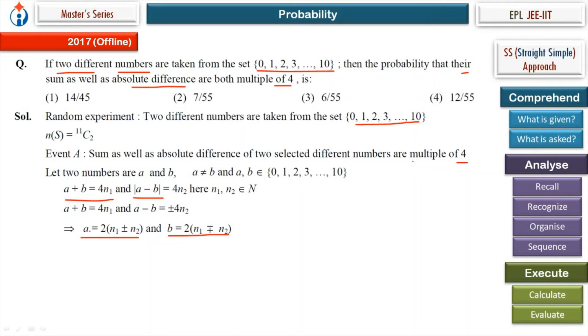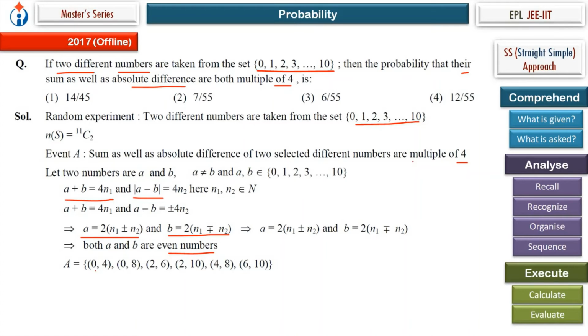Now if you look, A is equal to 2 times a natural number and B is also 2 times a natural number or 0. So A and B both are even numbers. That's the one simple thing we got, so we can use that now. We start and write the numbers.